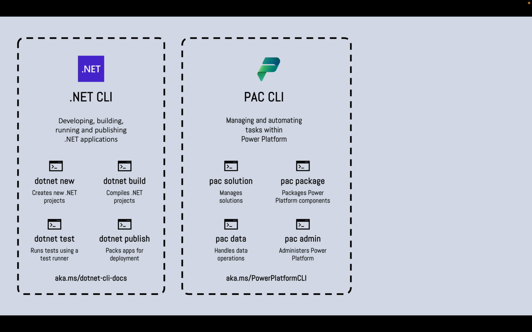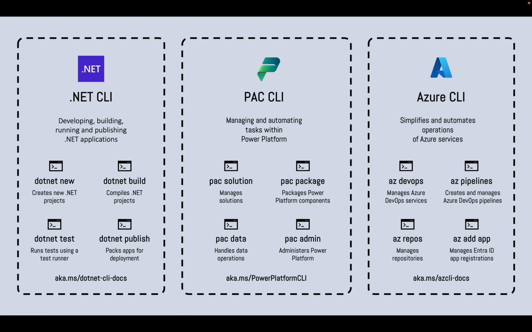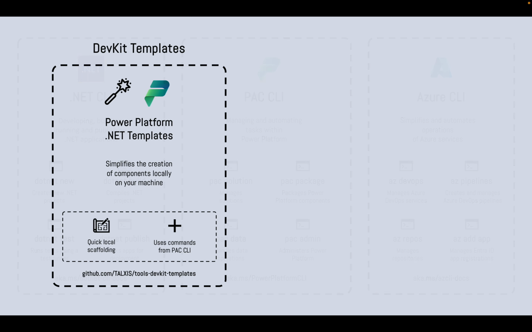Then we'll be using Power Platform CLI, which can help us with operations like packing solutions, creating packages, deploying packages, moving configuration data, and calling requests to the Power Platform and BAP API, which can automate some operations on the environment level. And then we'll also be using Azure CLI, which can help us work with Microsoft Entra ID and the Azure DevOps organization, where we'll be integrating the code and running the deployment workflows.